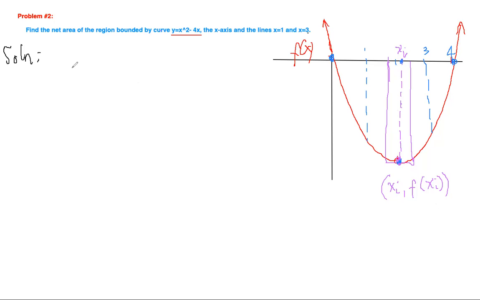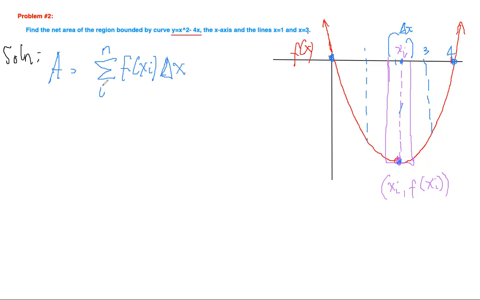Using Riemann sums, the area of this rectangular strip is equal to the height, which is f of x sub i, times the width, which is the change of x. Since there are n rectangular strips, there must be n areas of rectangular strips that we need to add.